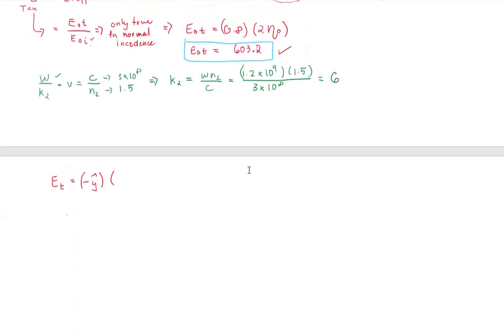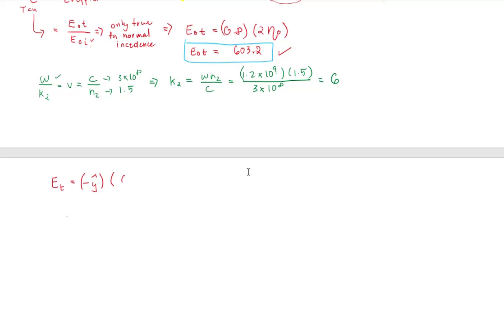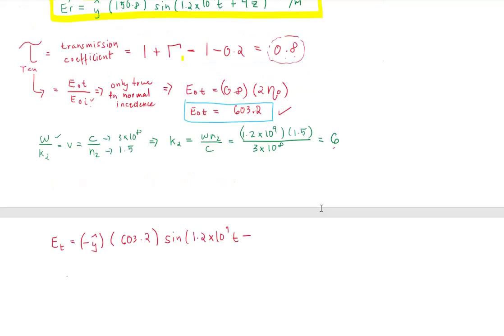So that's 603.2 times the phase. The phase is still going to be the same, sine of 1.2 times 10 to the 9th t minus 6z, and that is millivolts per meter.